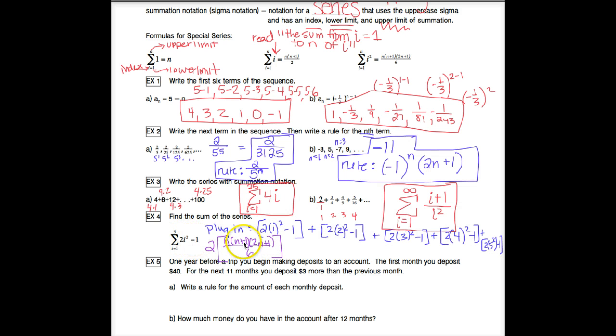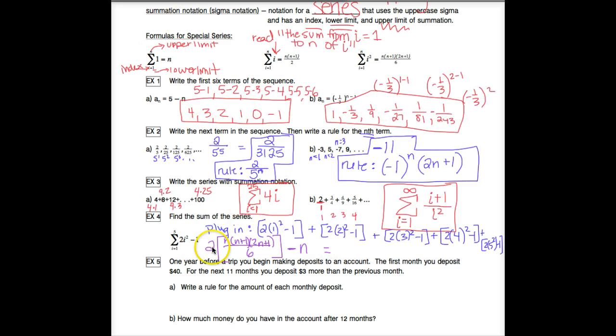So 2 times i squared minus the formula for 1, which is just n. So all I have to do is plug those in. So i equals 1 to n.